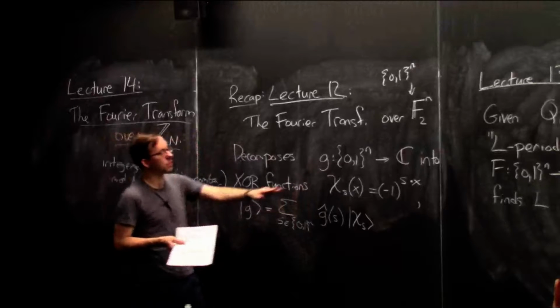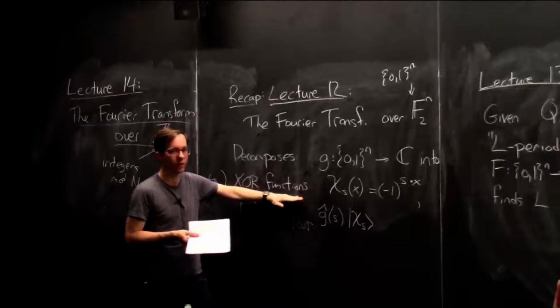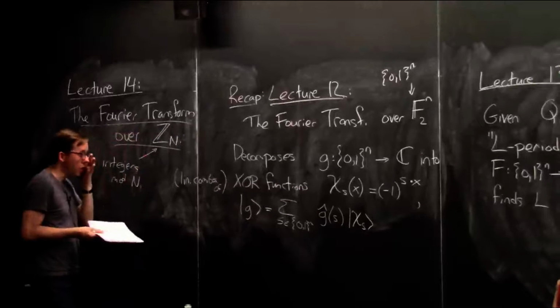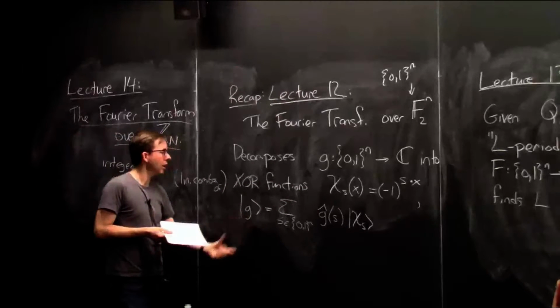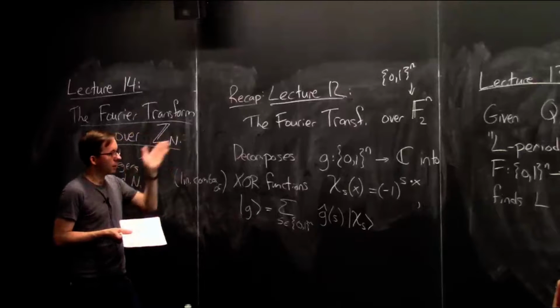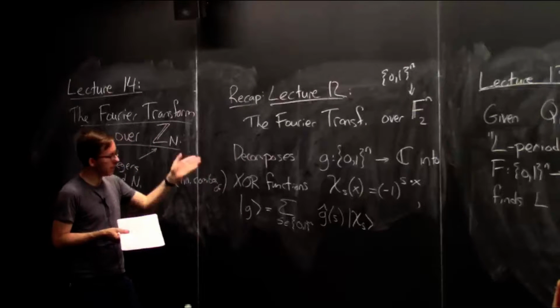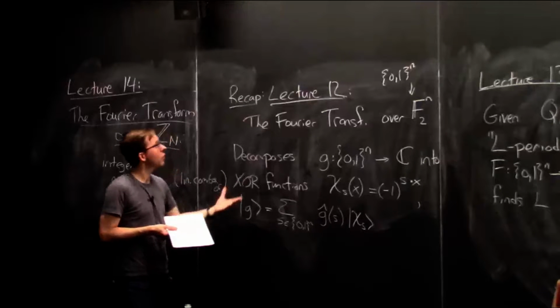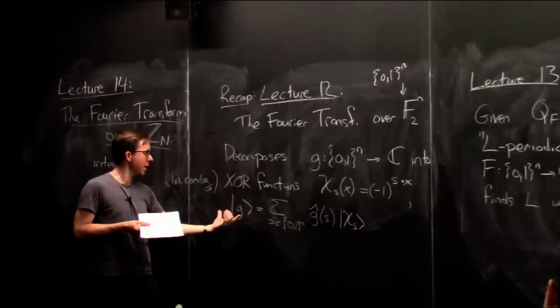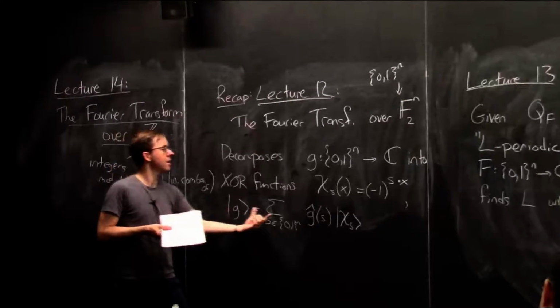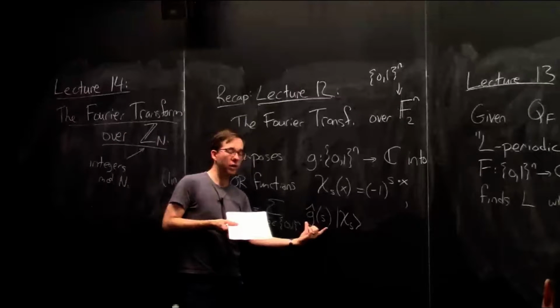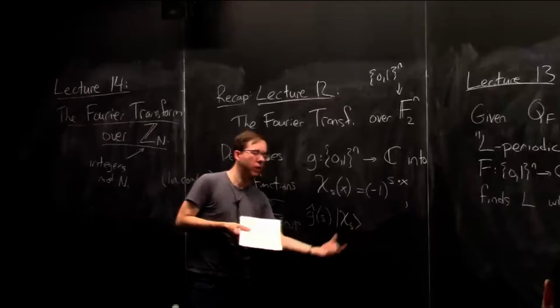More precisely, in linear algebra terms, writing g as a linear combination of these functions. And we introduced the notation ket g for the vector version, which is usually a quantum state of a function g. The Fourier transform was about expressing g as a linear combination, where these coefficients are the strengths of each of these pattern functions chi-S.